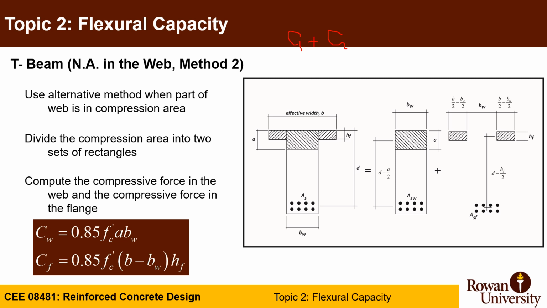C1 is going to be 0.85 F prime C, HF, BF, and C2 is 0.85 F prime C times B web times F.